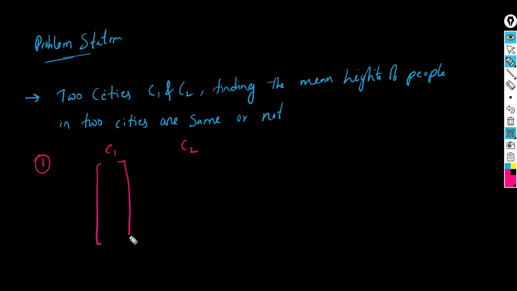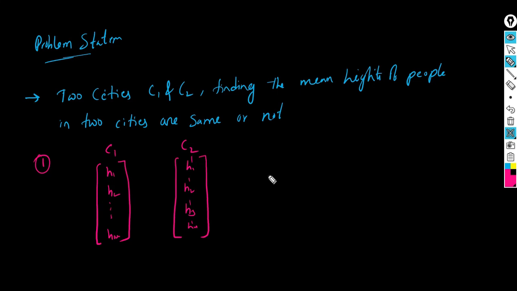Let's consider we are taking 100 people and their heights, picked randomly. Their heights are H1, H2, ..., H100. And similarly from the second city we also pick randomly, and their heights will be H1', H2', H3' and so on.